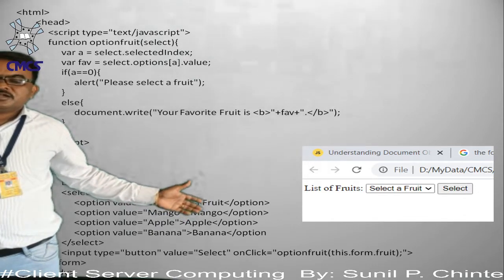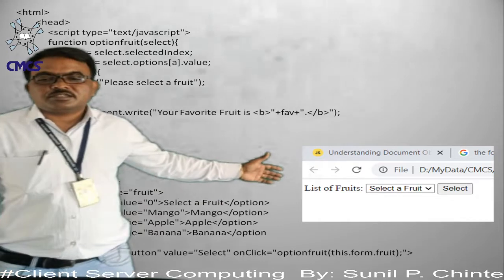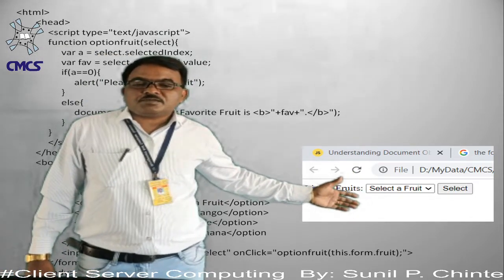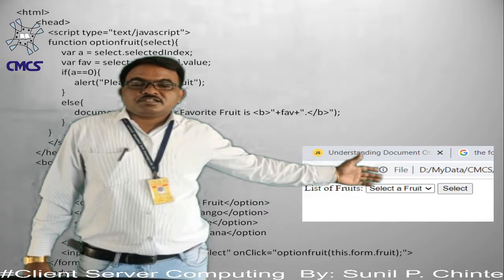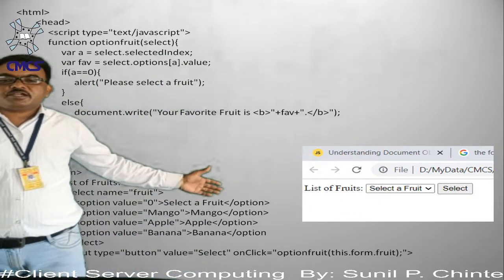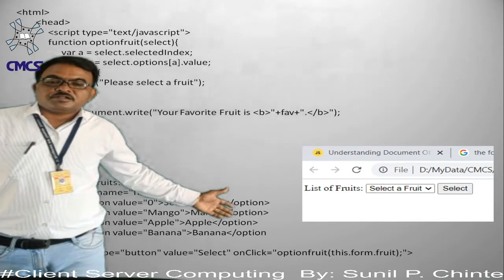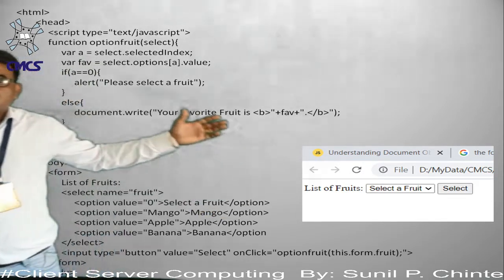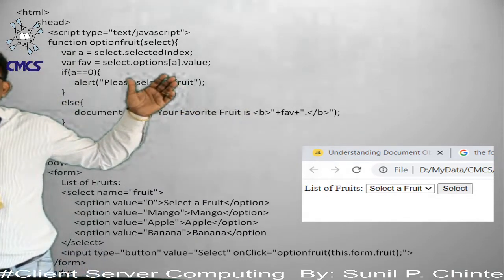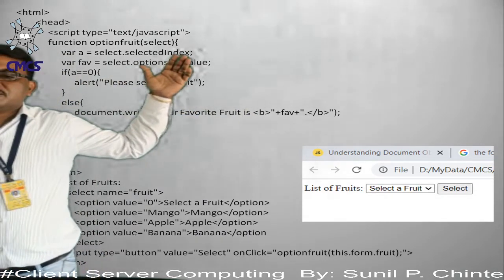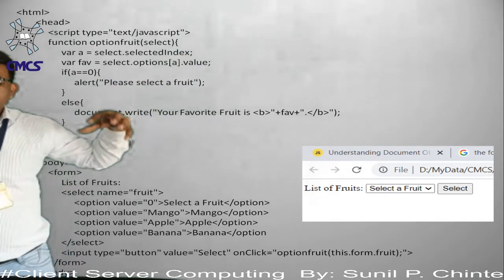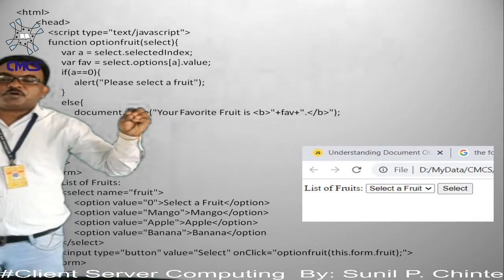The user will select a fruit from this list, after that click the select button. After clicking the select button, the optionFruit function will be called and the actual operation is performed here.